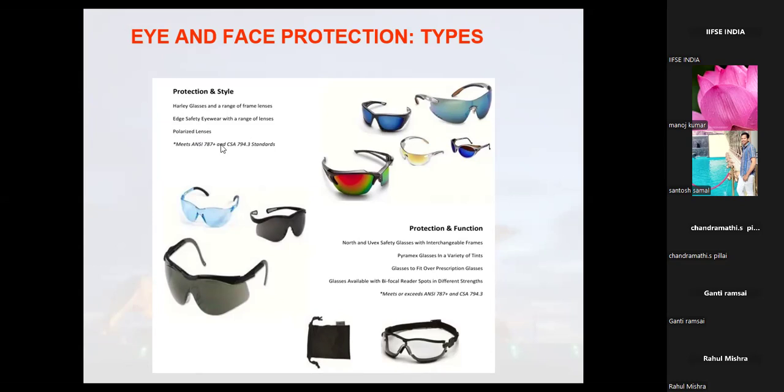All these should meet the ANSI standard. If you see your safety spectacles, on one of the legs of the spectacles, you have ANSI Z87 marked there. So these spectacles have to meet the requirements of ANSI.